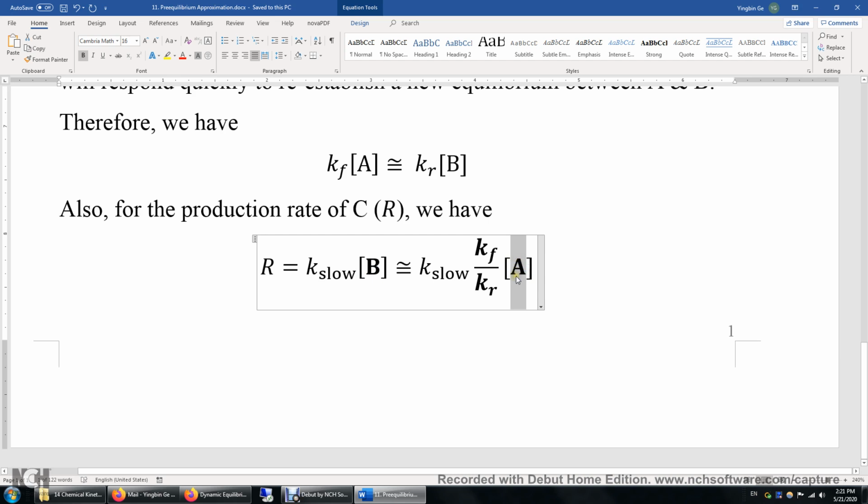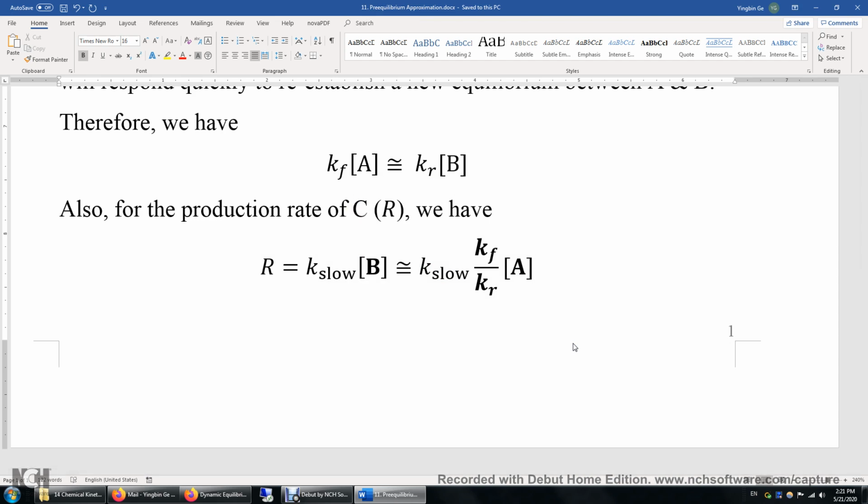And what if I ask you to predict how fast the product C is produced? Then you can simply use this equation. For general chemistry, you don't have to worry too much about mathematics. I just want you to be able to understand this concept and understand that in some really complex reaction mechanisms, we make approximations like this.